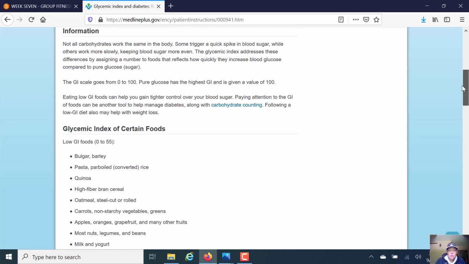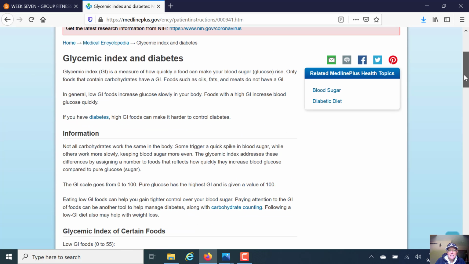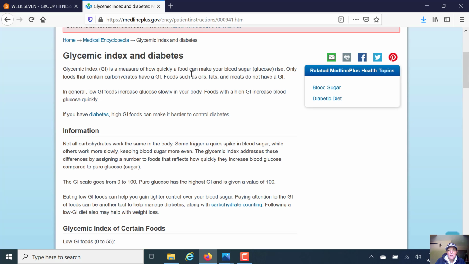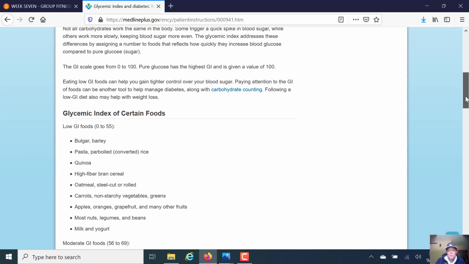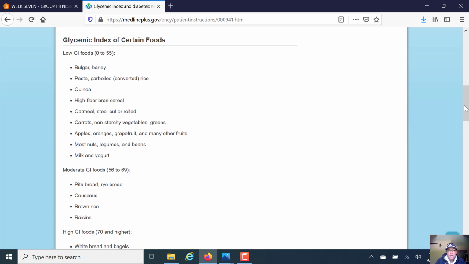I just wanted you to be aware of the glycemic index and how it impacts our blood sugar levels. It only deals with foods that have carbohydrates in them. And in general, choosing the lower glycemic index ranked foods is going to be better for us, as they slowly and not very quickly elevate our blood sugar levels.